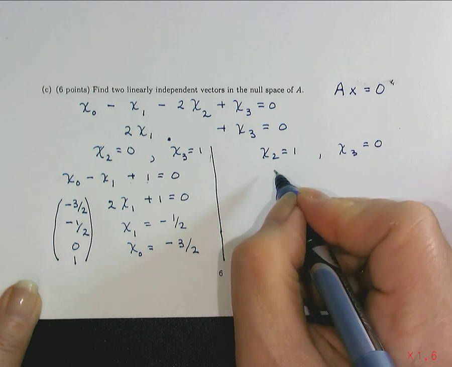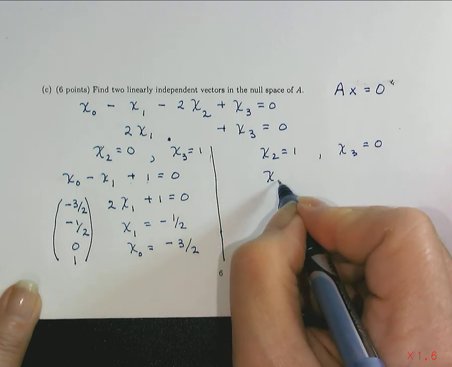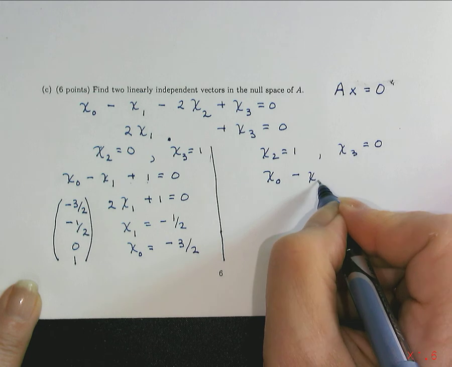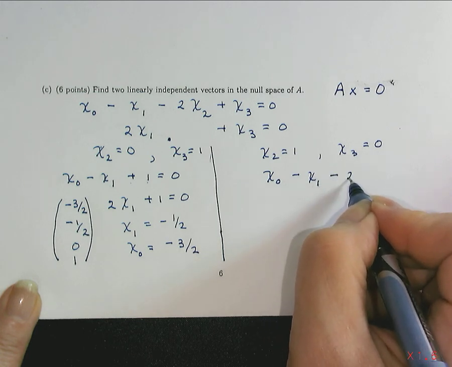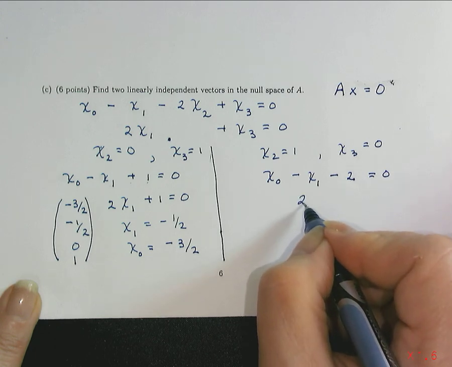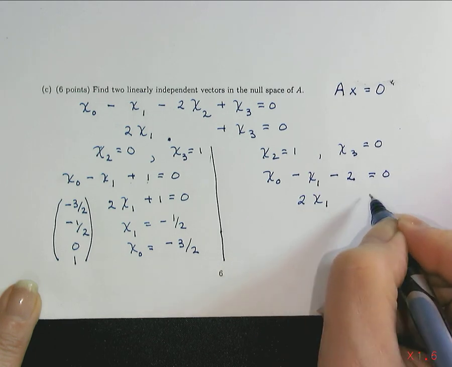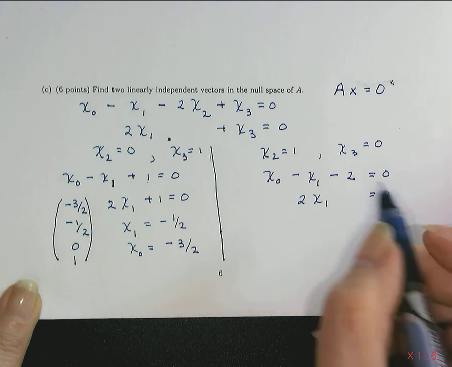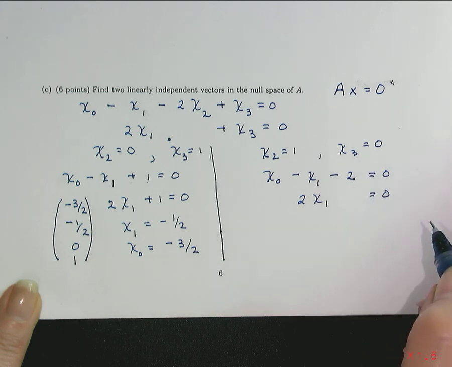Let's find the other. In this case, we would have chi sub 0 minus chi sub 1 minus 2 is equal to 0, and 2 chi sub 1 is equal to 0, since chi sub 3 is equal to 0.